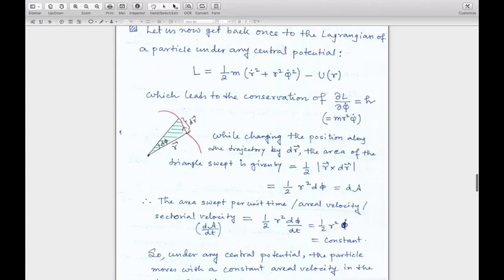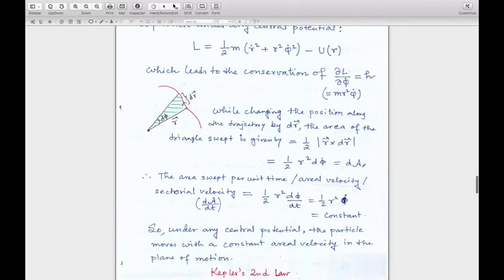When the particle has traversed a distance dr through the trajectory, then the area of the triangle swept by this triangle will simply be given as half the magnitude of r cross dr. That means this is the area of the triangle.